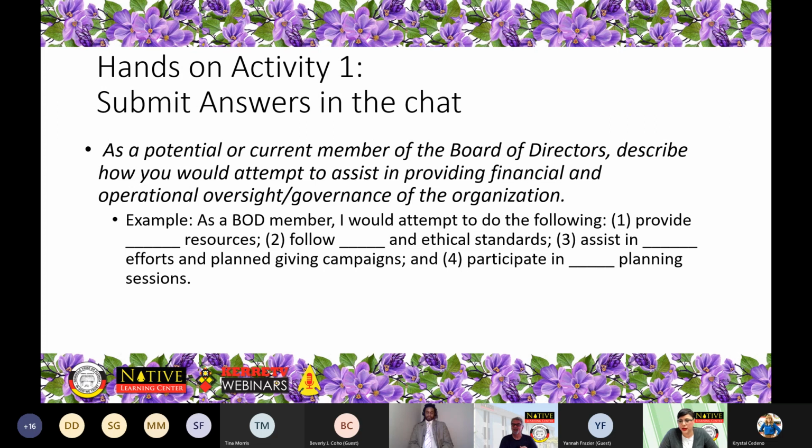Celeste mentions, as a BOD member, I would attempt to do the following: provide financial/grant opportunity resources. So she added the word grant there. Follow and develop ethical standards, assist in fundraising efforts and planned giving campaigns, and same, participate in strategic planning sessions. So I think we're all on the right path.